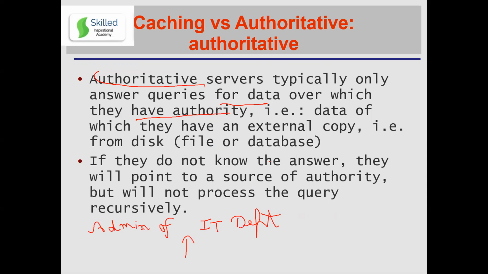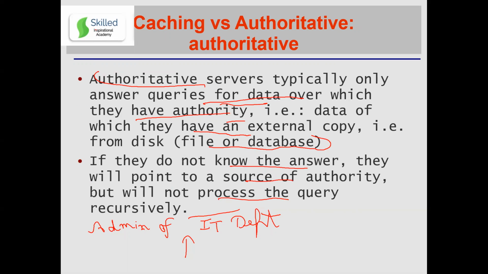Authoritative servers typically only answer queries for the data over which they have authority, data which they have locally, either from a zone file or a database. If they do not know the answer, they will point to the source of authority but will not process the query recursively.